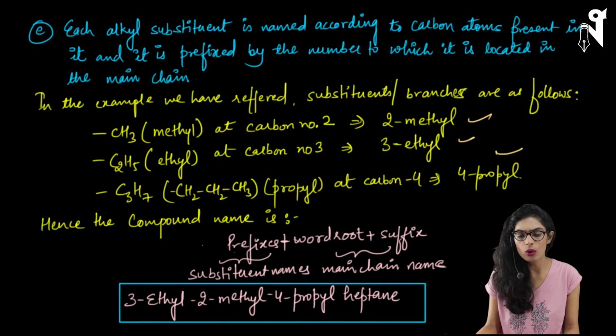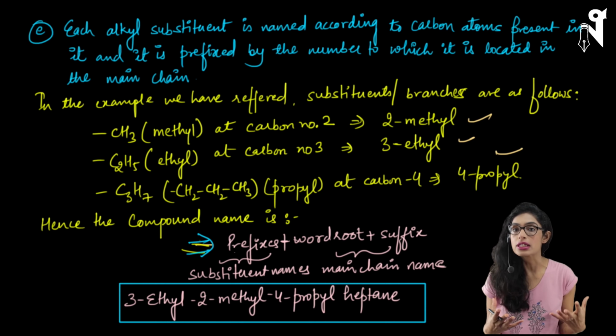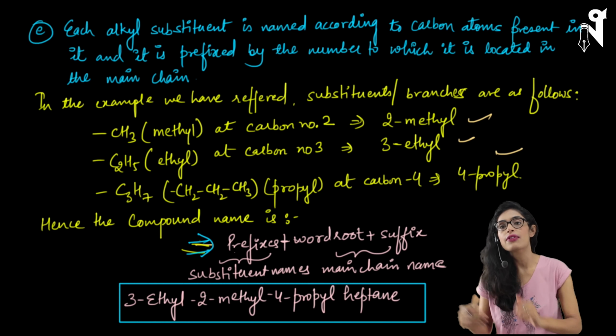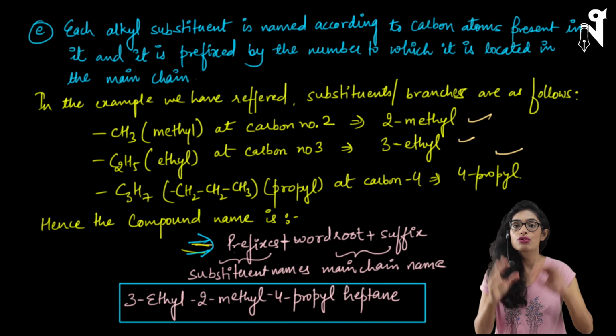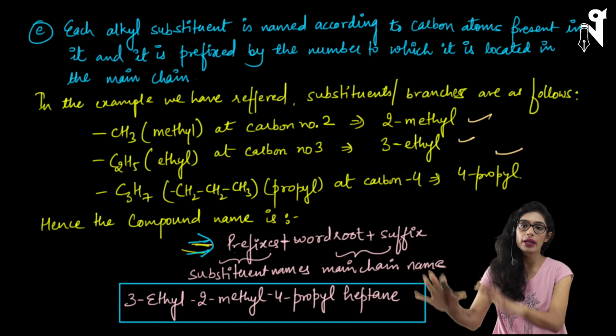I hope we have discussed this already. If we have not, then let's look at it very carefully right now. So the rule is you will write the prefix names first, or you can say the branch names first. Then you will write the word root and then the suffix for the parent chain. So first will come the branch names, then will come your parent chain name.